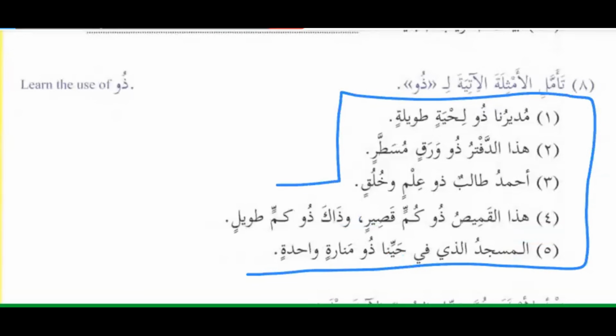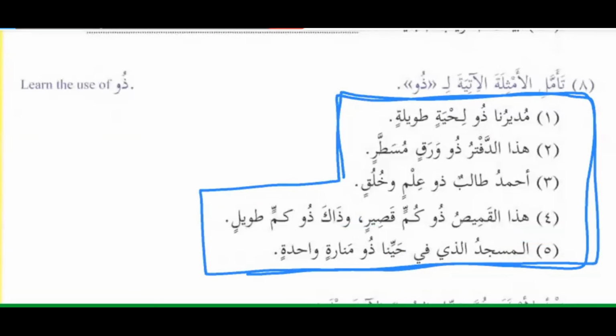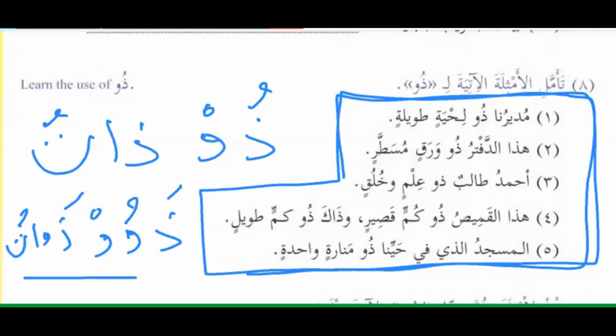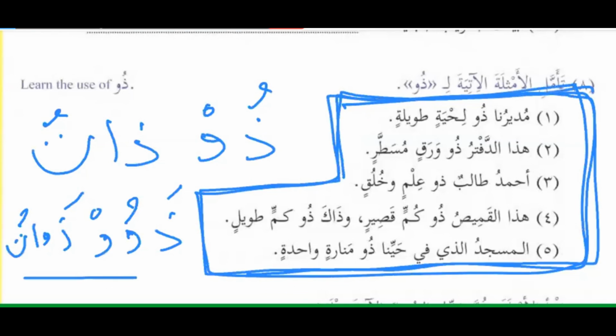Now, inshallah, try to write this sentence in your copy this week. This will be your homework. And try to search in the Quran once you are reading, is there zu coming? Is there zatu coming? Just by reading Quran, if you find zu, zatu, zawu, or zawatu, try to analyze the sentence and submit it in the group.